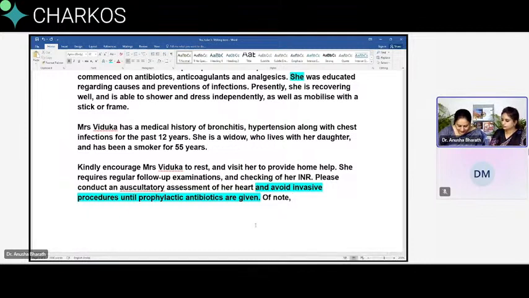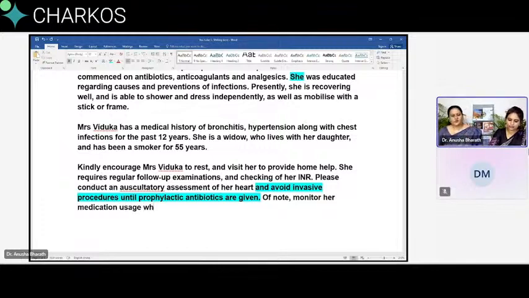One of the viewers has mentioned O-F-F. So it has to be O-F only. Of note is nothing but most importantly, or to state something which is very important. So of note, capital O, F, space, note, comma. Of note, comma. Her medication, monitor her medication usage. Her medication usage.